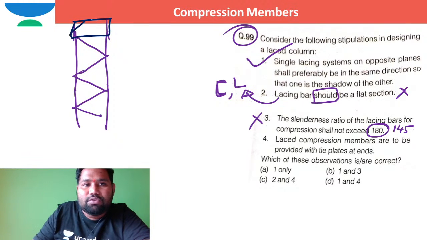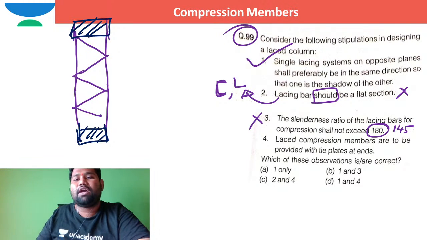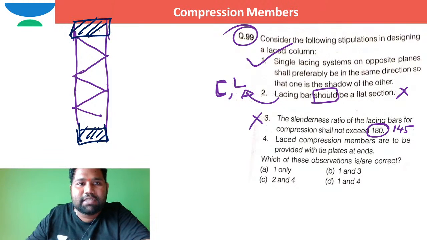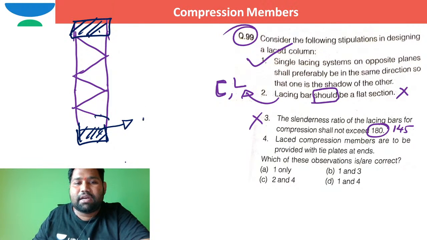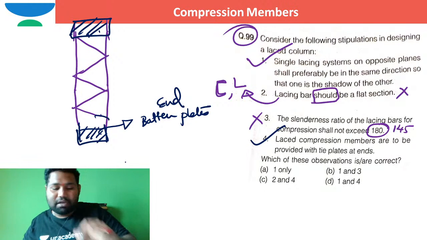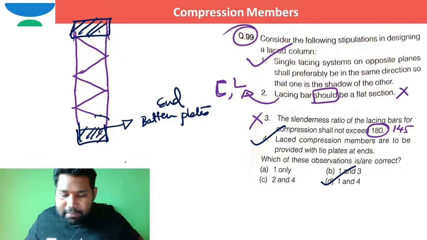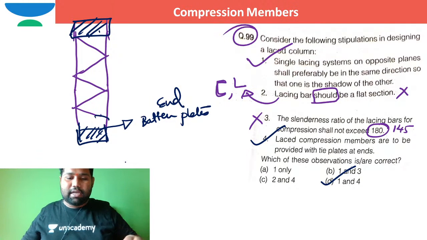One at the top and one at the bottom should definitely be used. Yes, at the ends they need to be provided with tie plates, nothing but end batten plates. Yes, it is correct. So option 1 and option 4 are correct, so directly I can say option D itself is correct.